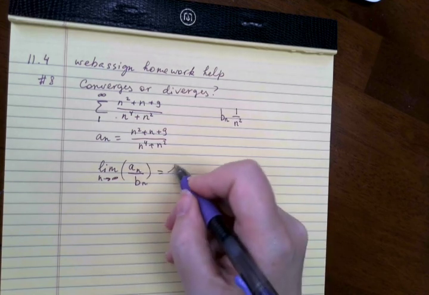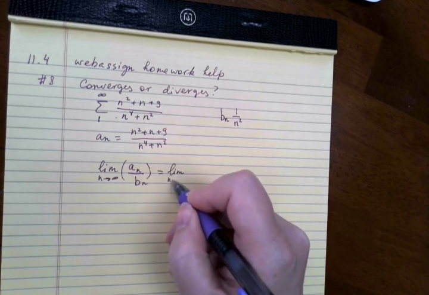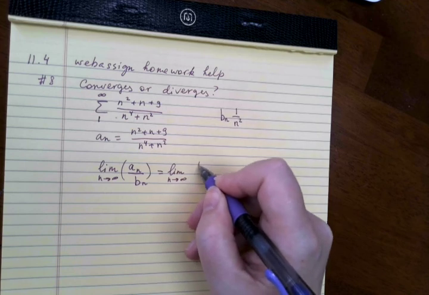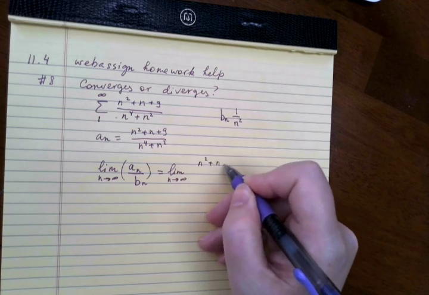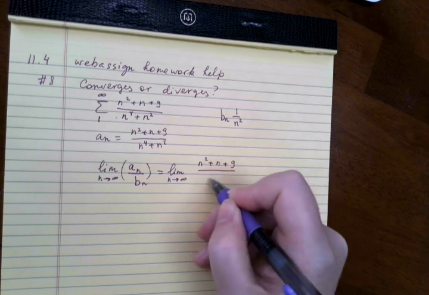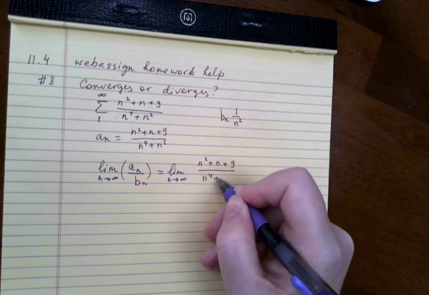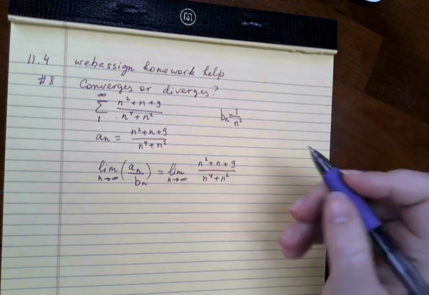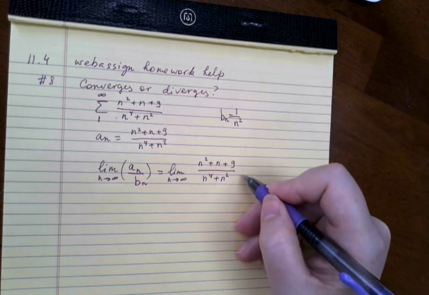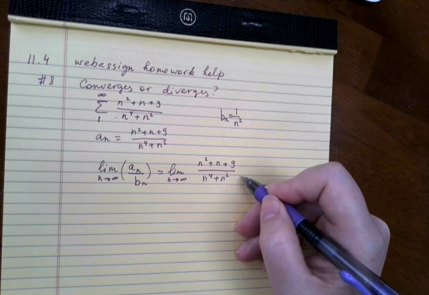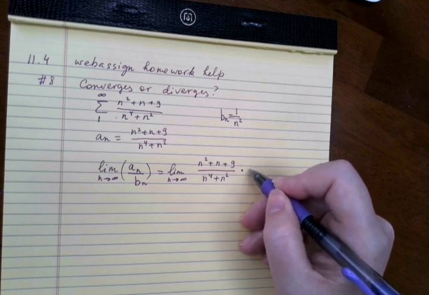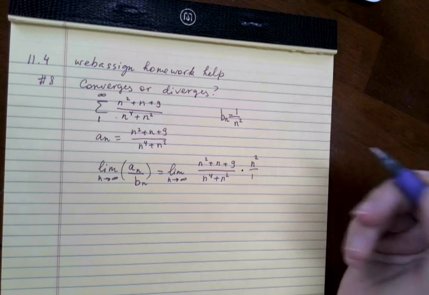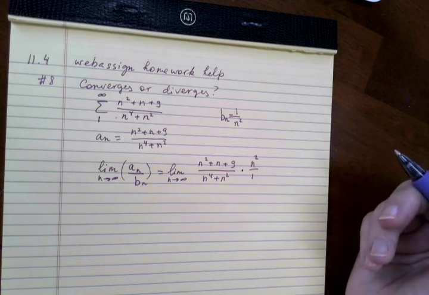So I will have the limit as n goes to infinity of n squared plus n plus 9 divided by n to the fourth plus n squared, and then I will divide by b n, so I multiply by flipped b n, so times n squared by 1, right?